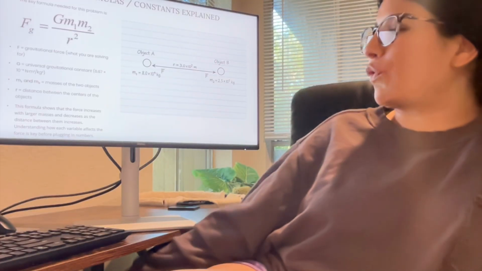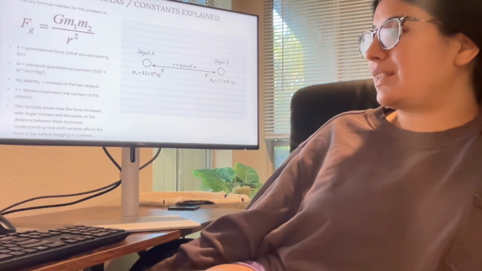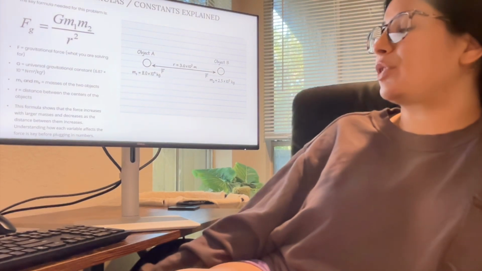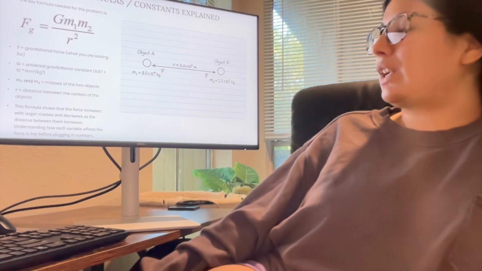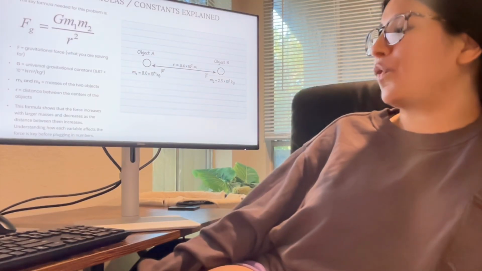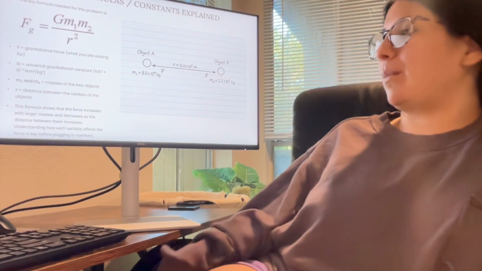This formula shows that the force increases with larger masses and decreases as the distance between them increases. Understanding how each variable affects the force is key before plugging in numbers.